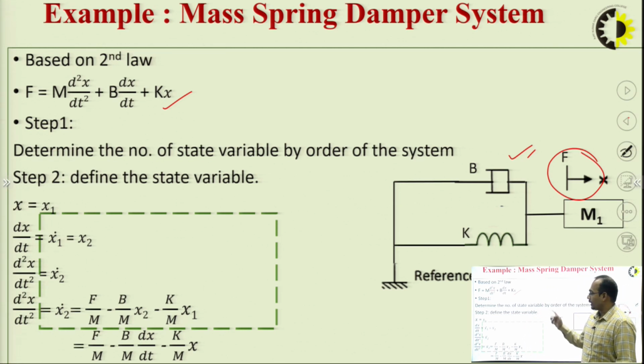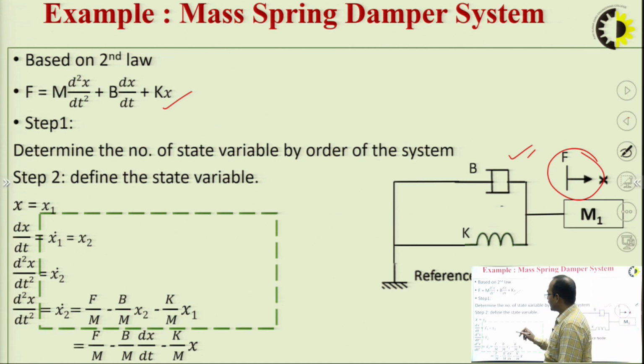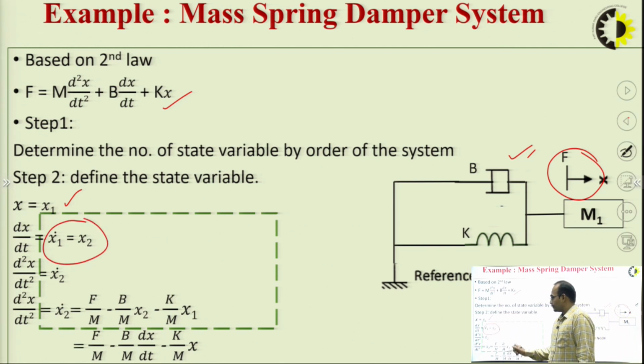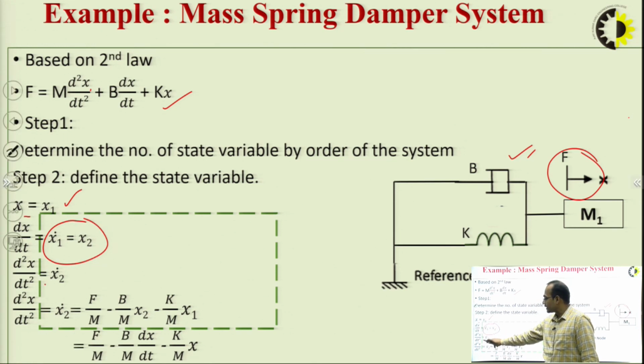Now what are the state variables? I have considered here x is equal to x1 and x1 dot is equal to x2. Now x1 dot is nothing but dx by dt, and this x1 dot is nothing but x2. d square x by dt square is nothing but x2 dot.